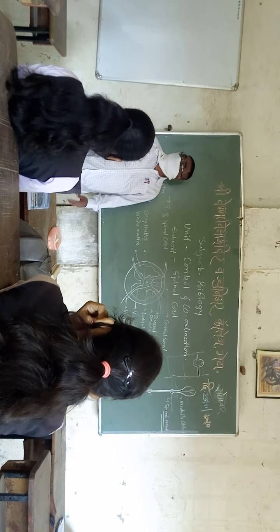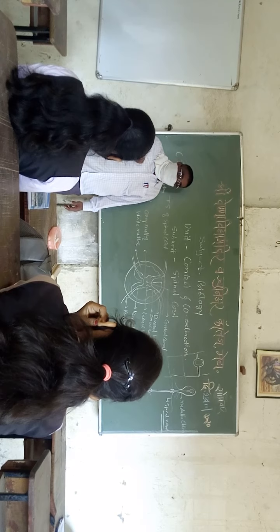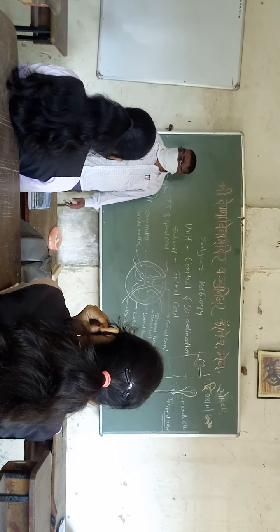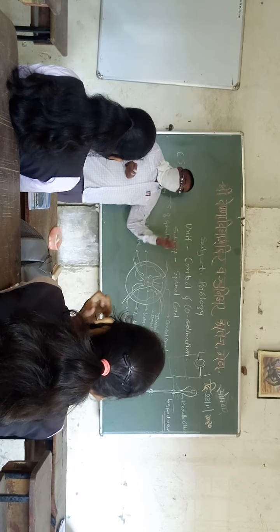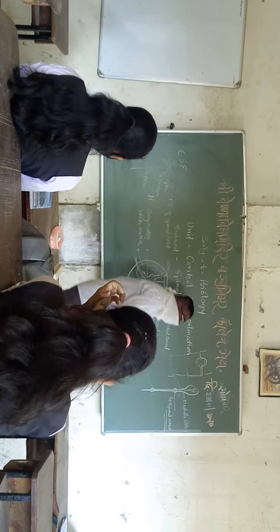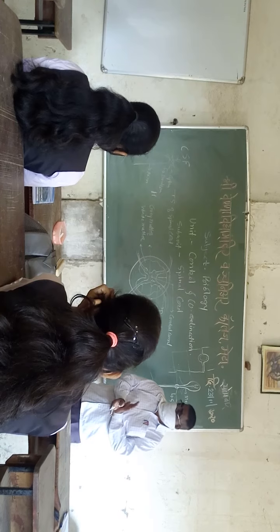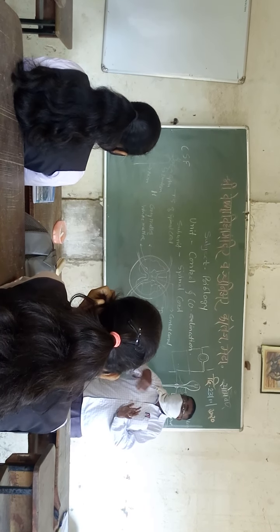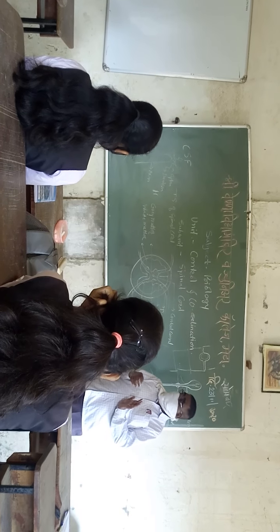The sensory neuron receives the sense from the stimulus. The adjustor neuron takes the decision on this stimulus. The effector neuron carries out the effect, the function or working.